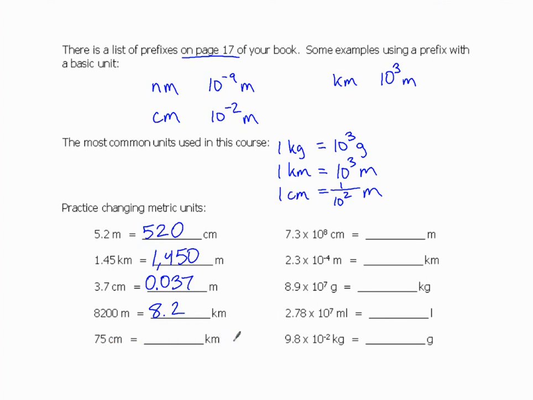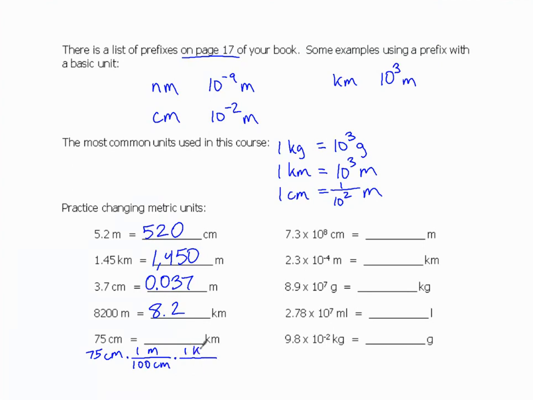Centimeters to kilometers. This type of conversion can be a little bit more tricky. So you want to be careful that you do it correctly. So what we're going to do is set up a calculation here. 7.5 centimeters, and we're going to do some conversions. So let's say in 1 meter we have 100 centimeters.